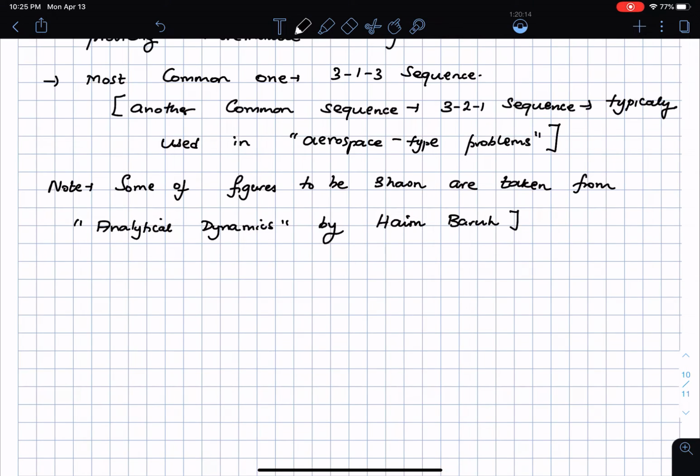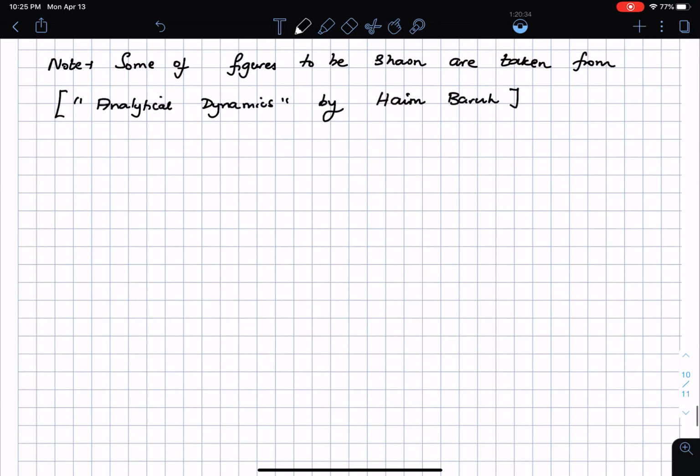It's actually a pretty nice book. If you have a chance to get this book, that's actually a worthwhile purchase. What they've done is they've tried to solve this problem of the rolling coin using both the Newtonian and the Lagrangian formulation, and I think it's an excellent resource if you really want to have such a type of book.